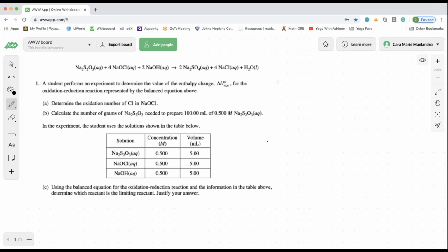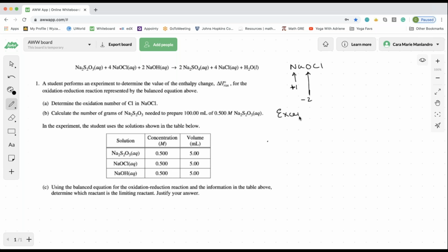First part is determine the oxidation number of Cl in NaOCl. The sodium here is going to be +1 because it generally has a charge of +1. The oxygen is going to be -2 because it almost always has a charge of -2.